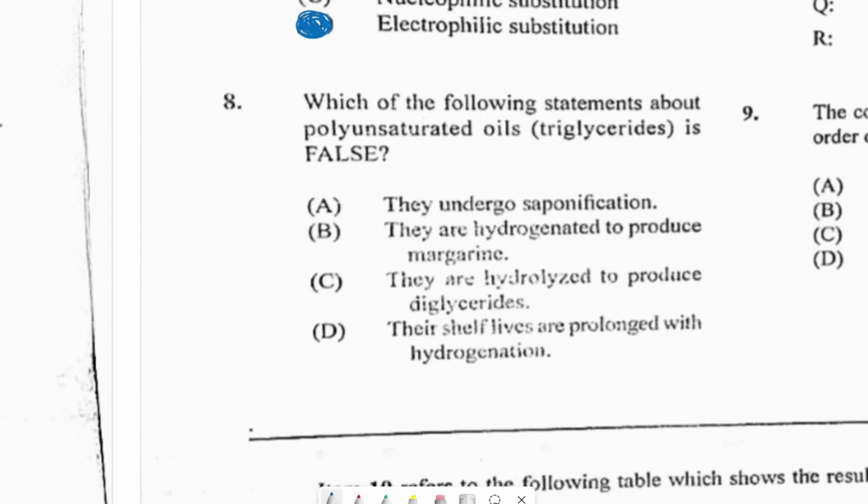For number 8, which of the following statements about polyunsaturated oils, which are triglycerides, is false? A, they undergo saponification, maybe. They are hydrogenated to produce margarine. Yeah, I'm sure about that one. They are hydrolyzed to produce diglycerides.